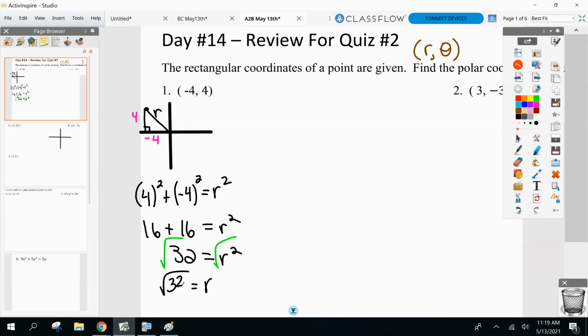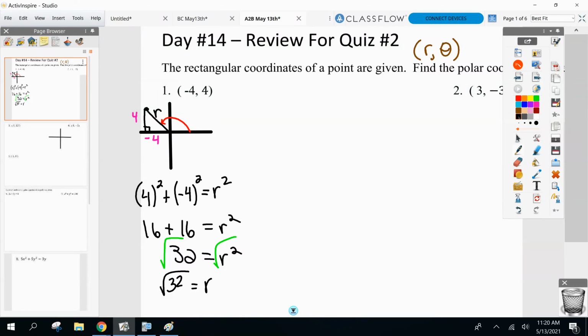Let's talk theta now. All right, first thing. What quadrant am I in? 3. Oh, boy. 2. So your answer better be between 90 and what? 180. You're in quadrant 2. So your answer better be in between 90 and 180. How do I get that angle?